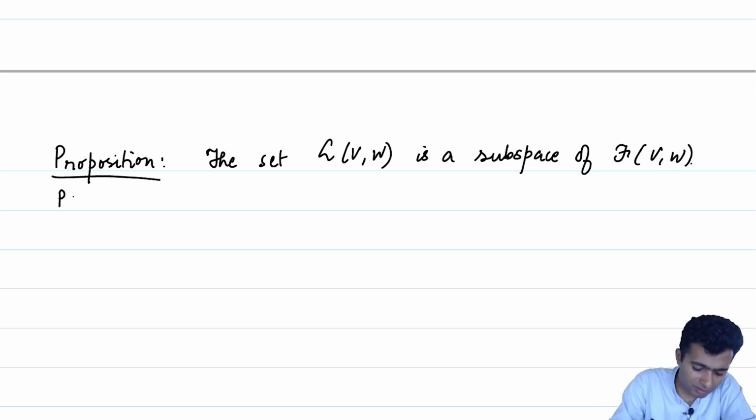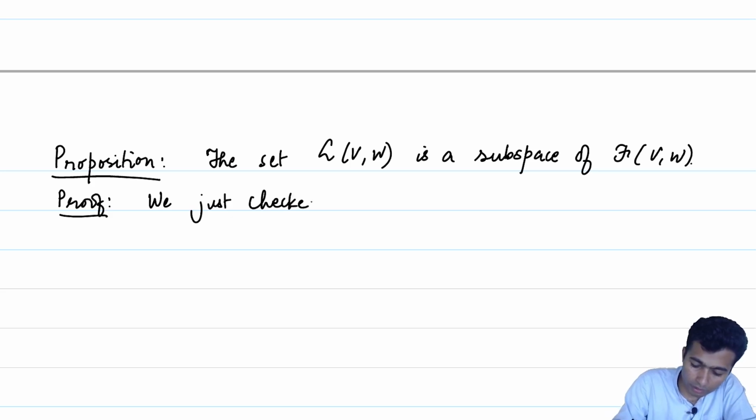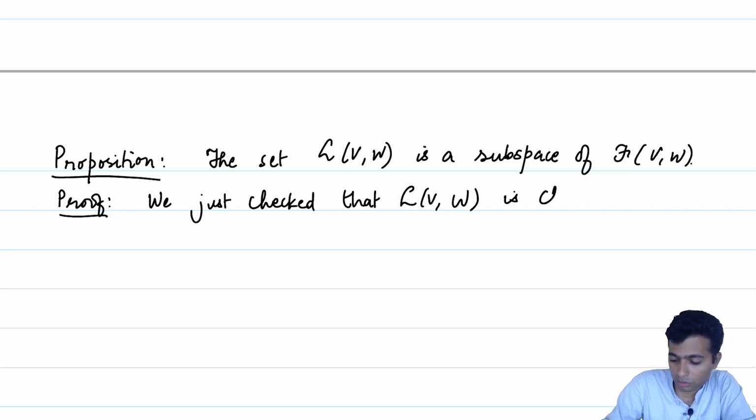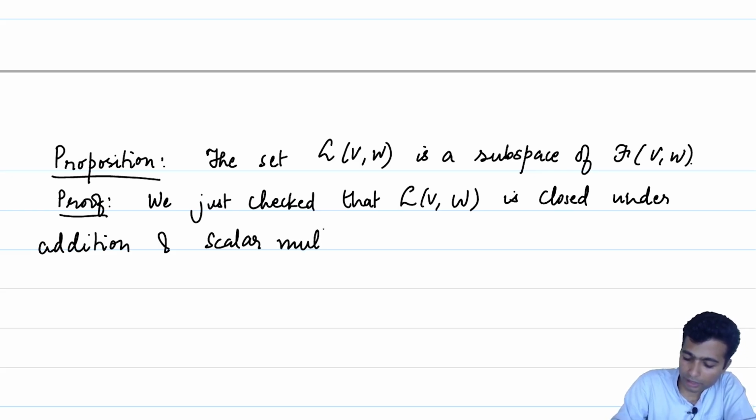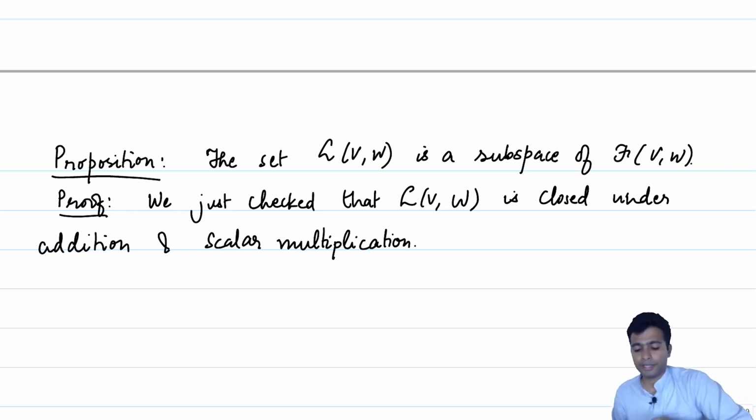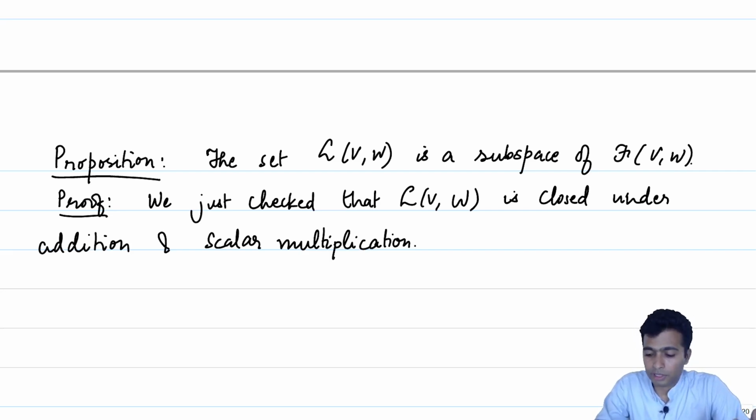The proof is quite straightforward, and we have checked it already. We just checked that L of V comma W is closed under addition and scalar multiplication, and by a proposition which we have proved earlier, L of V comma W therefore turns out to be a vector subspace of F of V comma W. In particular, L of V comma W is a vector space.